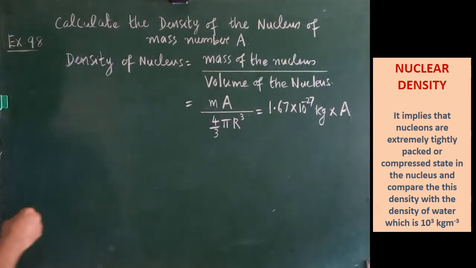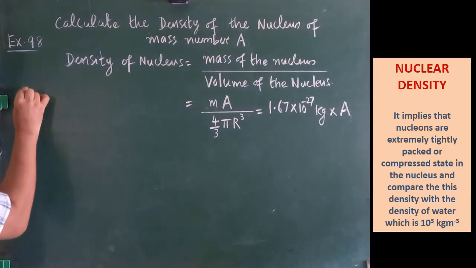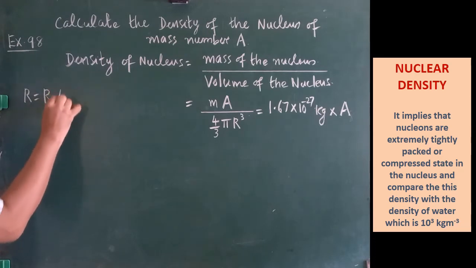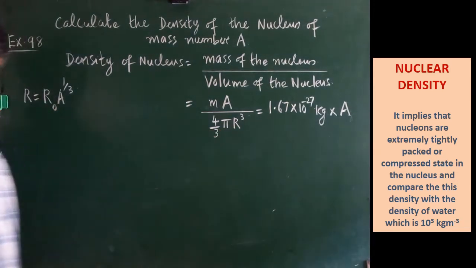We know very well that according to the Rutherford empirical formula, the radius of any nucleus can be calculated by the formula R is equal to R naught A power of 1 by 3. So from this formula, R can be replaced.